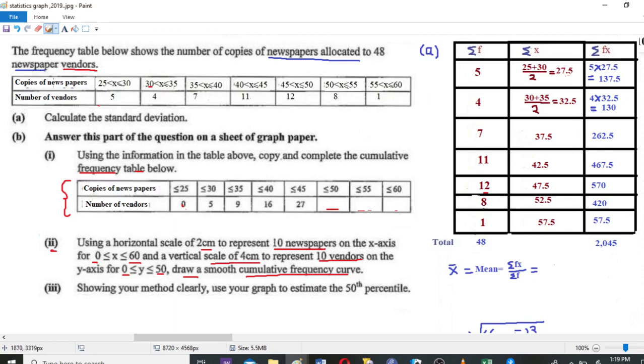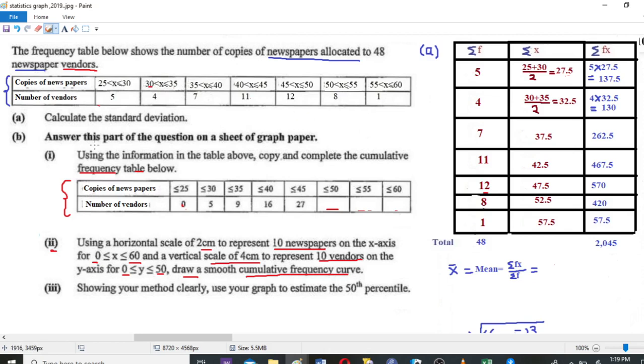In the first table, the first row is copies of newspapers, showing the ranges: those who had between 25 and 30 copies, 30 and 35. Then we have frequency, the number of vendors. There were 5 with between 25 and 30 copies, and 4 with between 30 and 35.